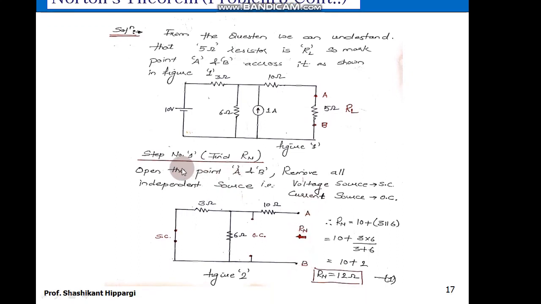So the very first thing is to calculate Rn, and we know that to calculate Rn we should remove the load resistance. This is the load resistance, we have removed it, open circuit it. The load resistance is removed, and we should remove also the sources, the independent sources only.